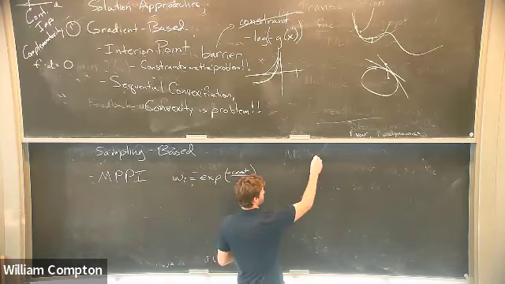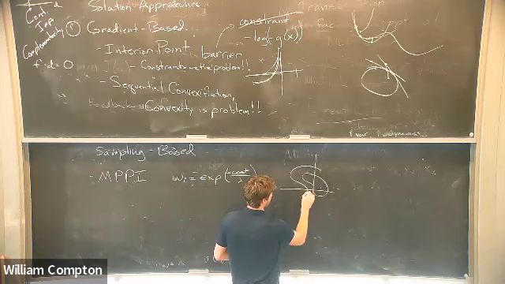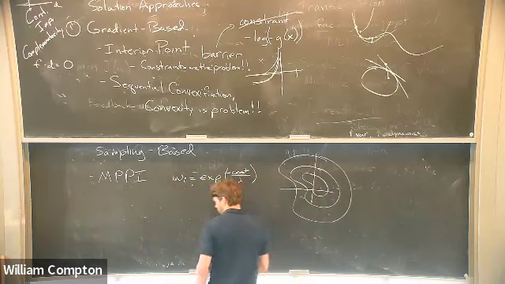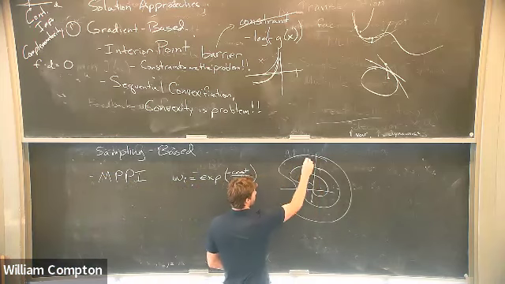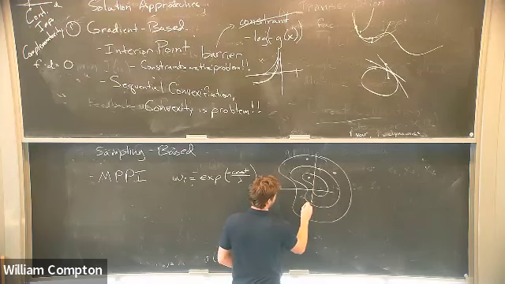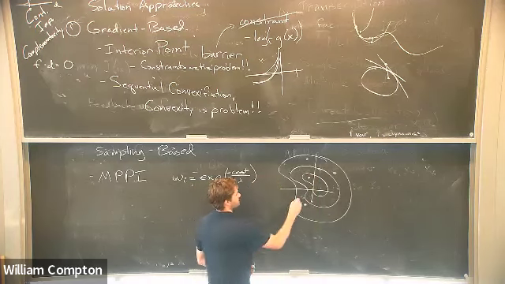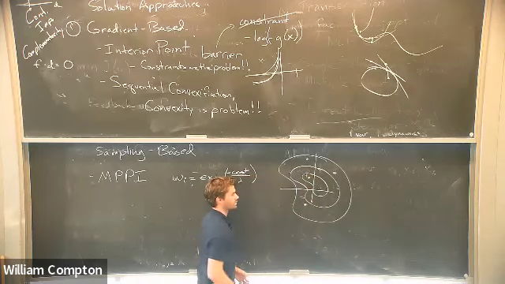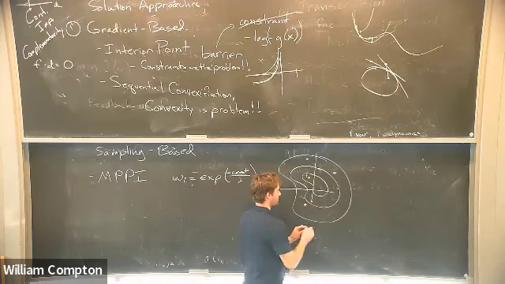So if we have some optimization landscape that looks like this, and then we drew samples, say here, here, here, and here, then this sample is going to get a really big weight because it's really close to the optima.